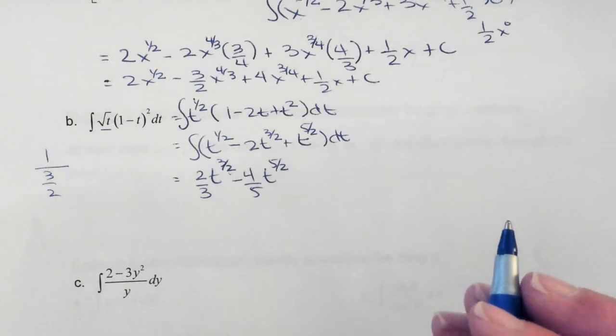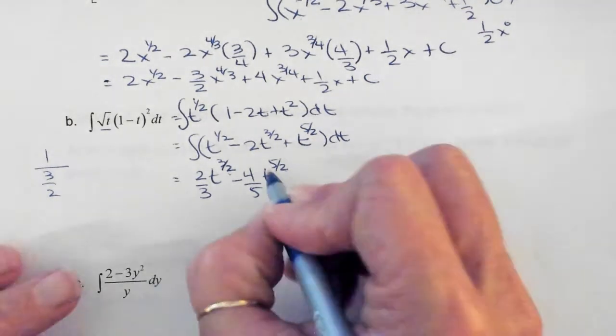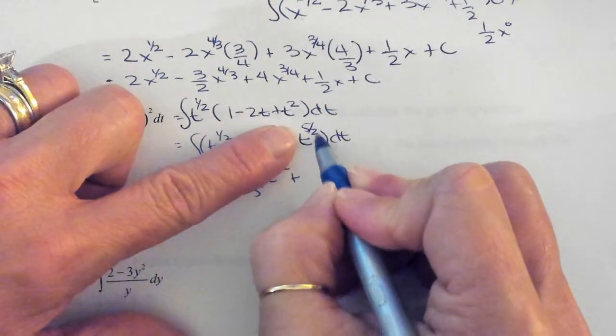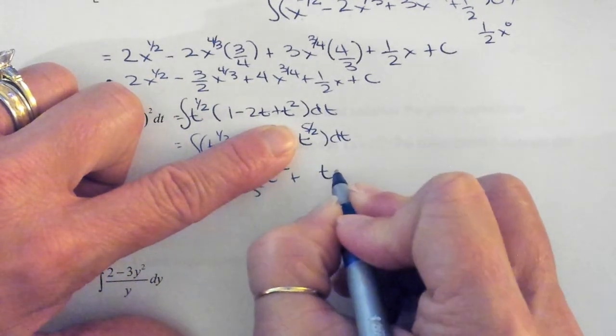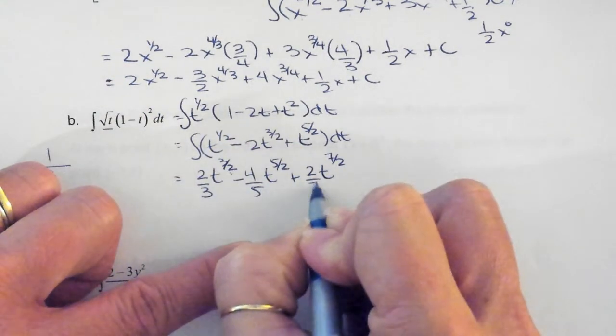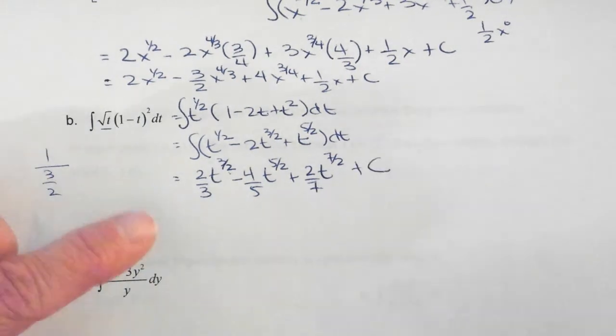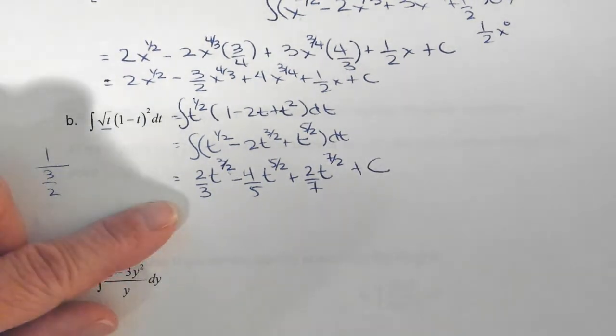It takes more thought. You have to be intentional. Plus, I'm adding 2 over 2, so what's my new exponent? 7 over 2, so what's my new coefficient? Perfect. And what do I have to make sure I put? Plus c. What if I wasn't sure if I got the right answer? What could I do to check myself? Take the derivative.